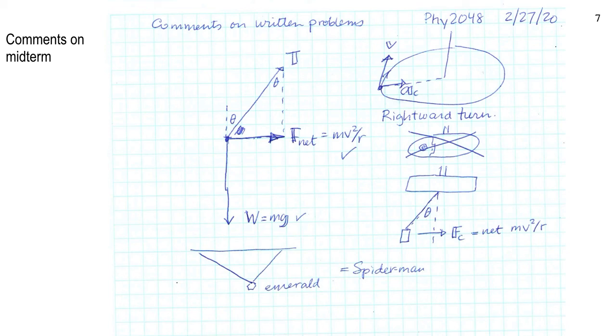So we'll just do some sketches here and talk it over. So here's your circle, right? So you're going around like this. Let's just say you're right here. So your velocity is like this. This is kind of an overhead view.